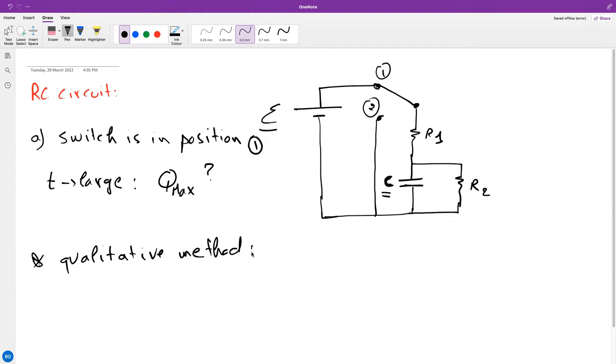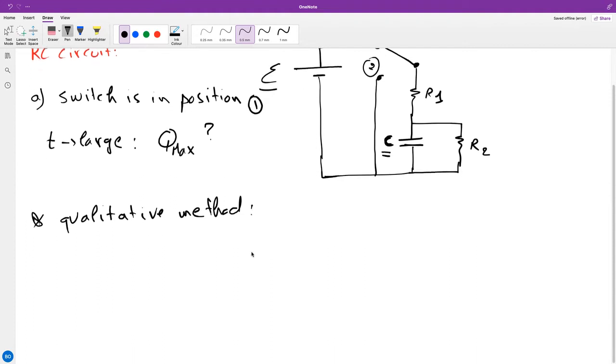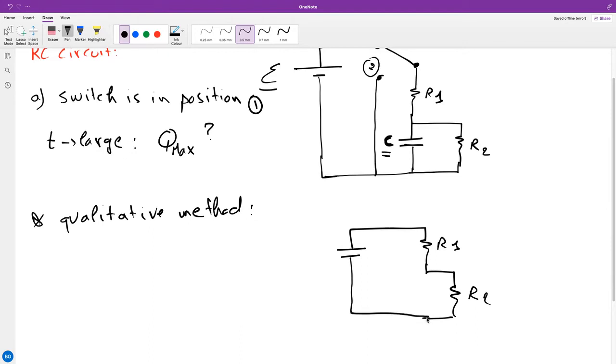This qualitative method is to look at the fact that the circuit becomes very simple. It becomes R1 and then R2, okay? And then the potential difference across the capacitor is also equal to the potential difference across resistor number 2.